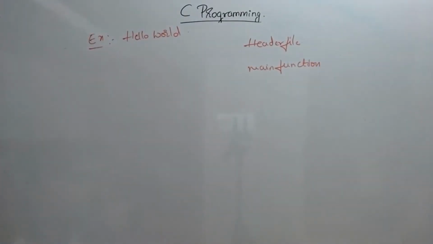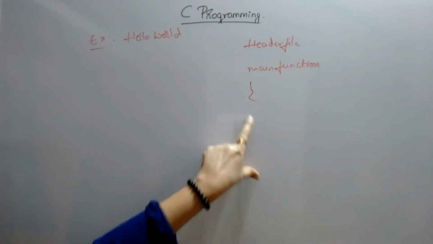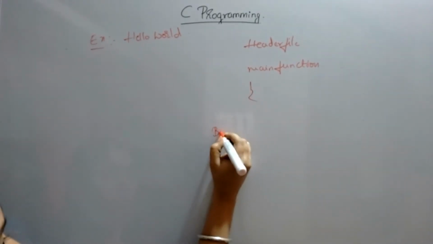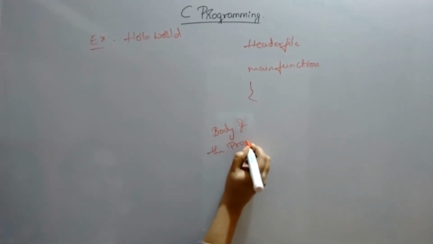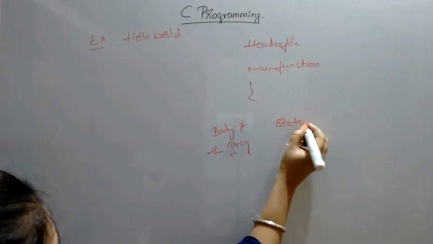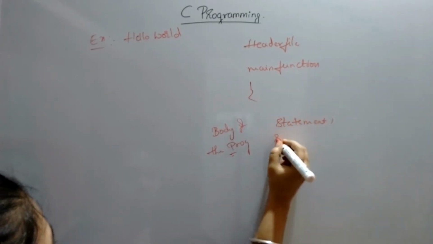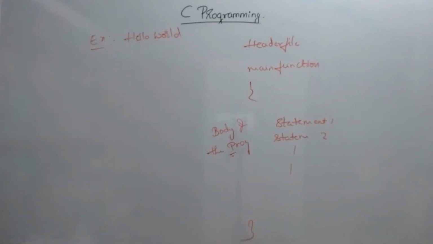Then the opening brace. Whatever I write inside this opening brace is called the body of the program. Here it consists of statements, statement 1, statement 2 and so on. Then I'm going to end.